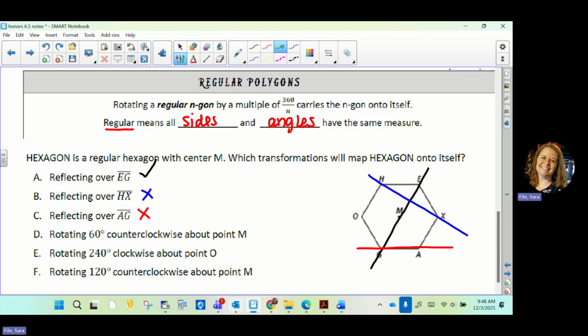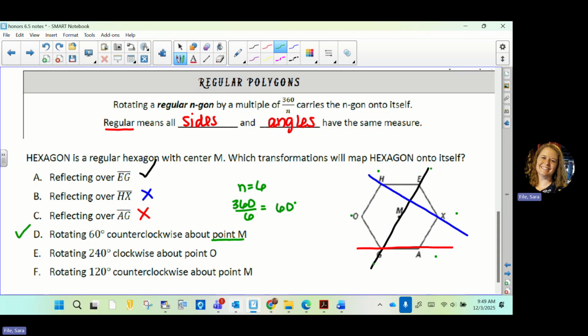Can you rotate 60 degrees? So let's look at the rotation. What's the order of rotational symmetry here? The order is 6, which means our angle of rotation should be what? 60 degrees. So any multiple of 60 will work. So 60, yes. Now, it's about point M. So around the center, 60 degrees will work.